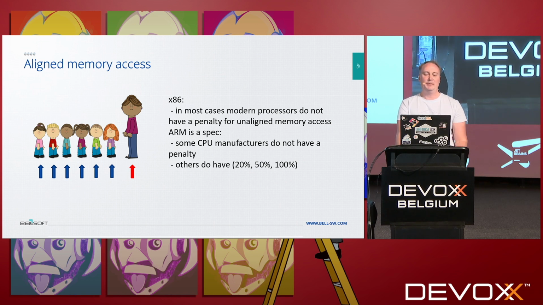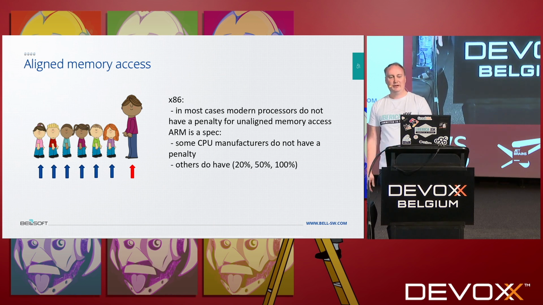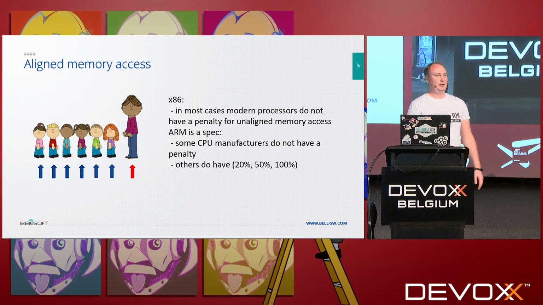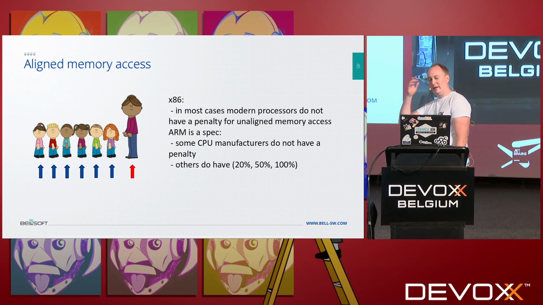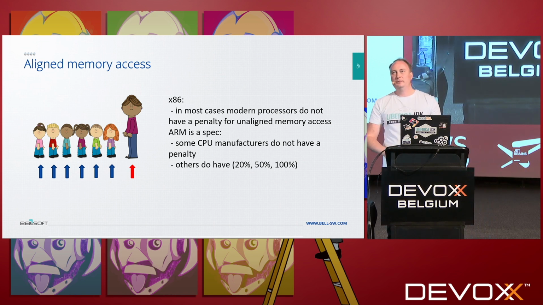Let's talk about aligned memory access. You cannot just read from an arbitrary address. Well, you can, but sometimes it may be expensive, because it's better to read from an address which is divisible by 16, for example. Otherwise, you get a penalty in the performance of that read.